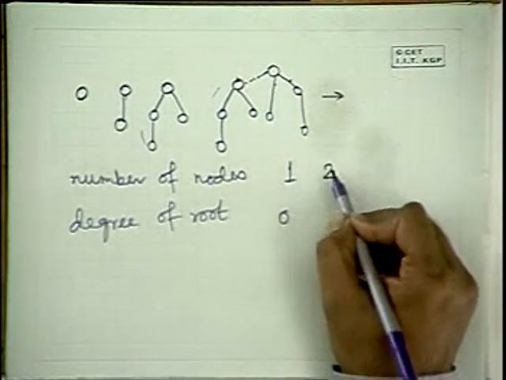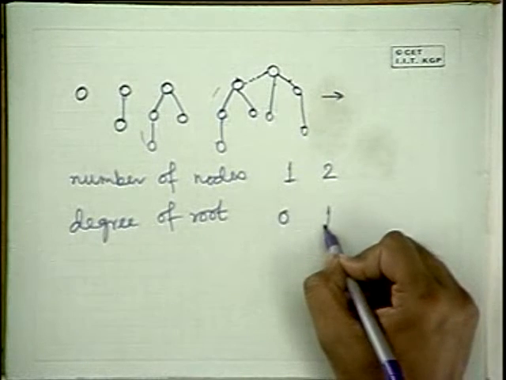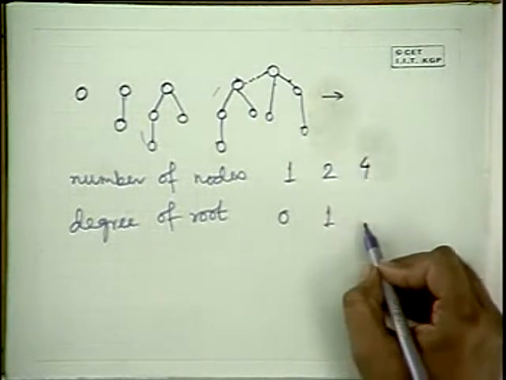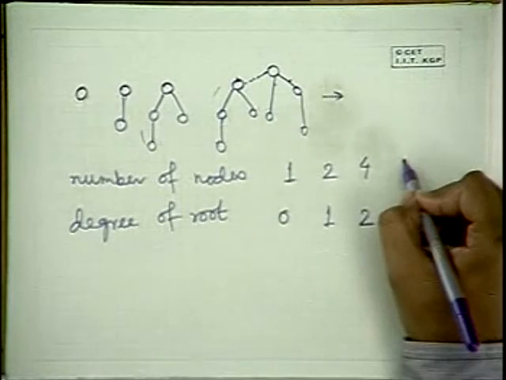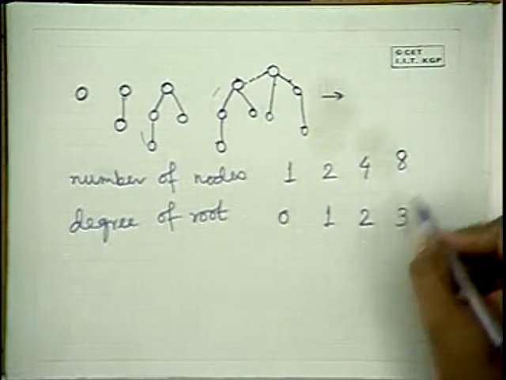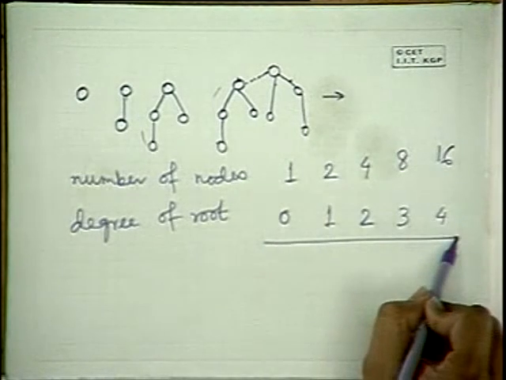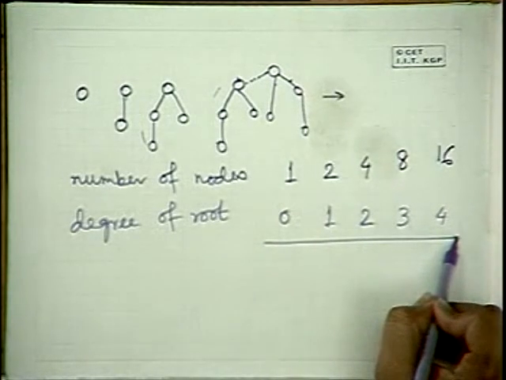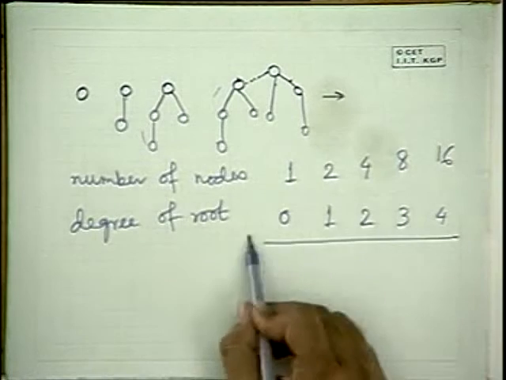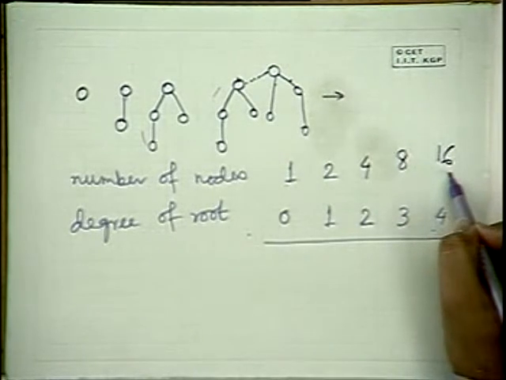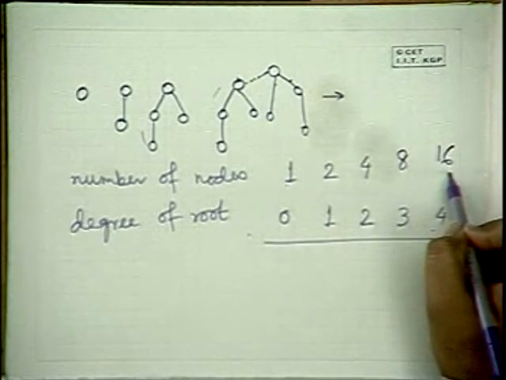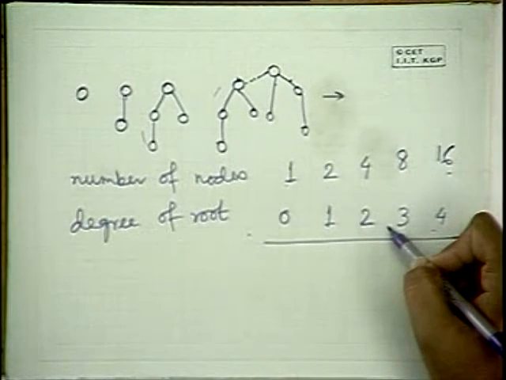Number of nodes 2, degree is 1. Number of nodes 4, degree 2. Number of nodes 8, degree 3. Number of nodes 16, it will be 4. So can you see? It is 2 to the power the degree. The number of nodes is 2 to the power of the degree. So if the number of nodes is n, degree is log of n.